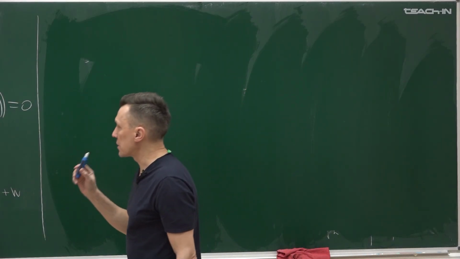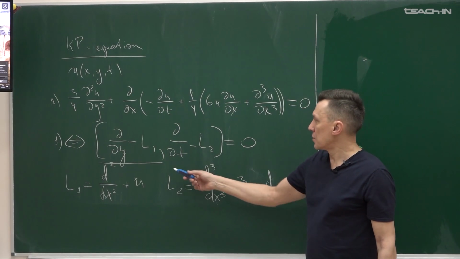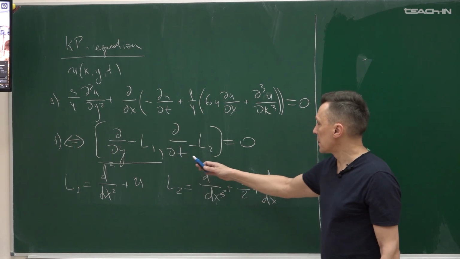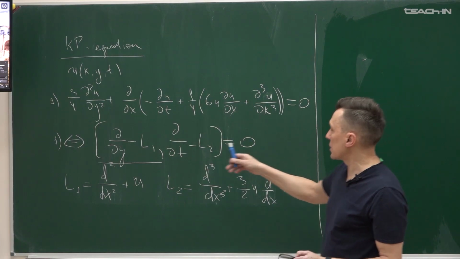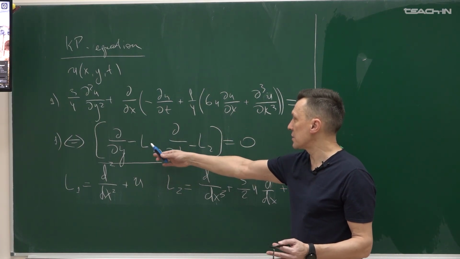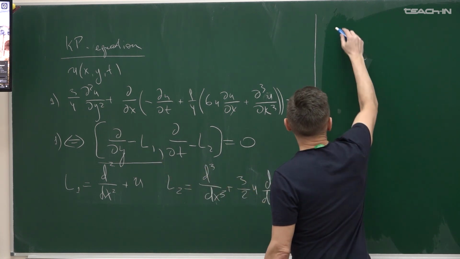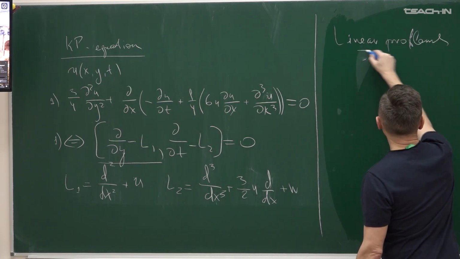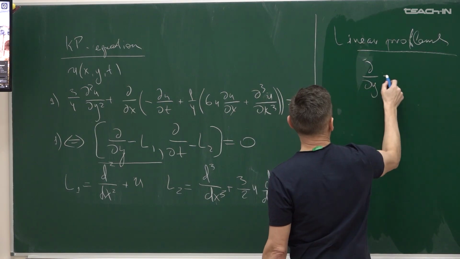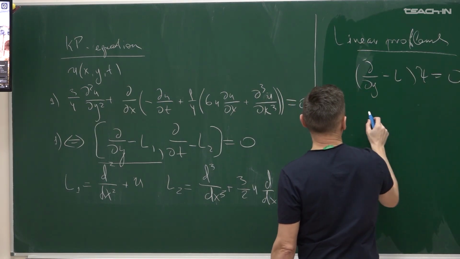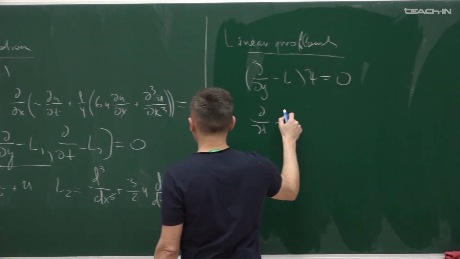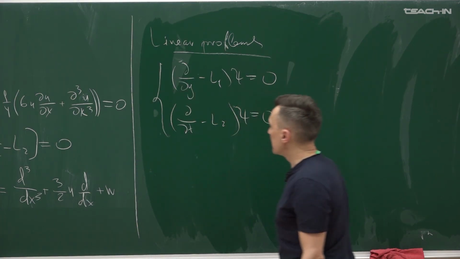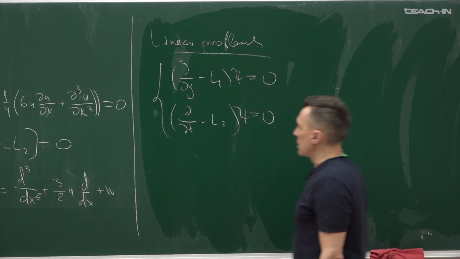So it was a revolutionary idea to understand this condition concerning the corresponding linear problems: (d over dy minus L1) psi equals 0 and (d over dt minus L2) psi equals 0.